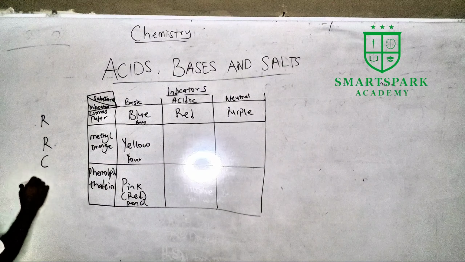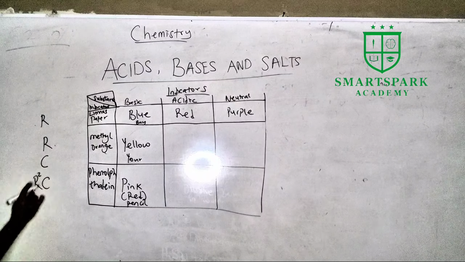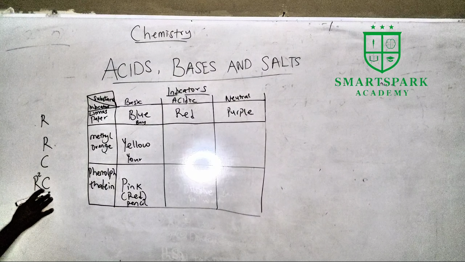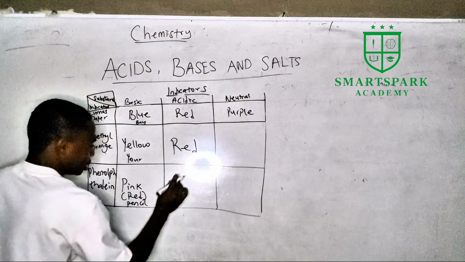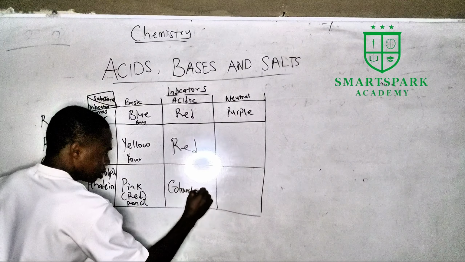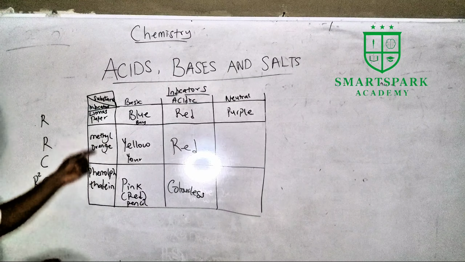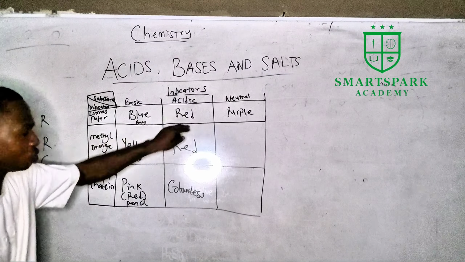There's a drink they call RC Cola. So if you square this R, it will be R square C. So the next one will be red. And the last one is colorless. You get it? So an acid substance will show a red coloration.